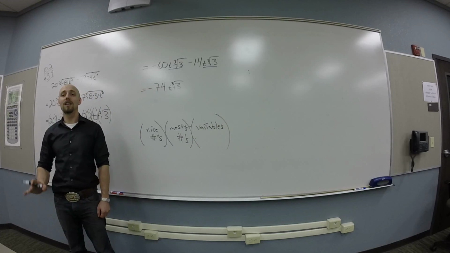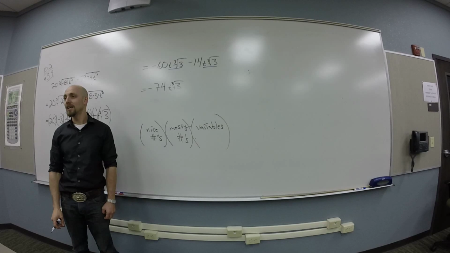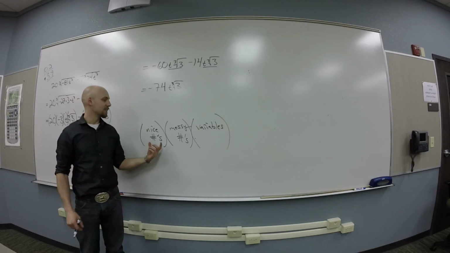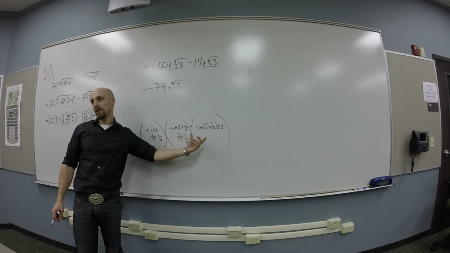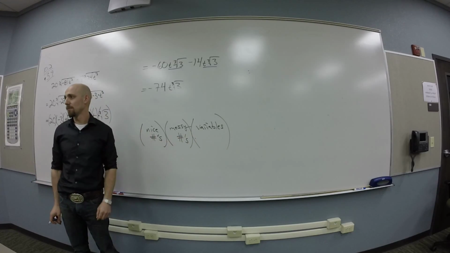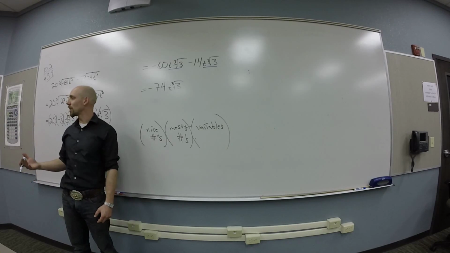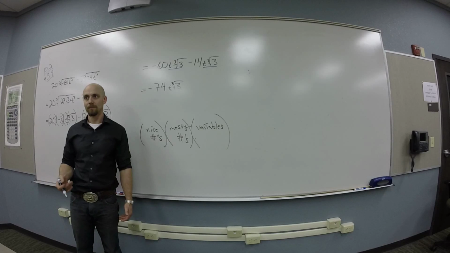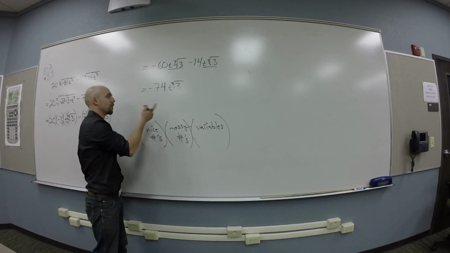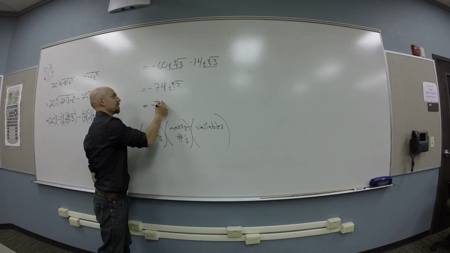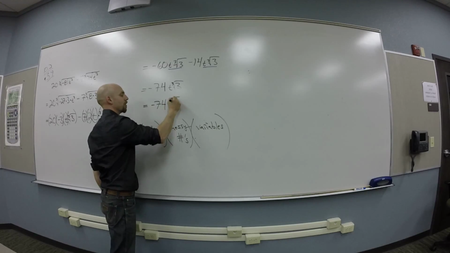It would be really nice if we could start doing this most of the time. This is just so that other people can look quickly at it and see where the variables are. So if I was going to write this down, I'd write negative 74 cube root of 3 t's.